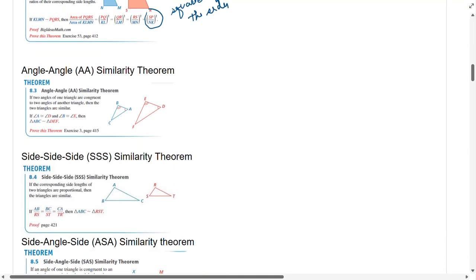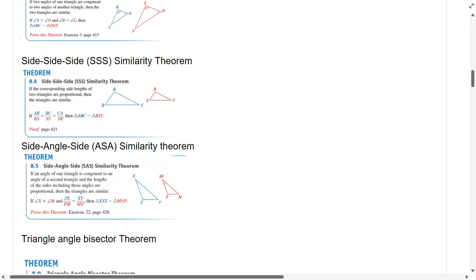Now these are in triangles only. If two triangles are similar, then two angles have to be congruent. You don't have to worry about the third one because it's automatic. Then we have side, side, side. That means that each side is proportional to the pair of the other side.